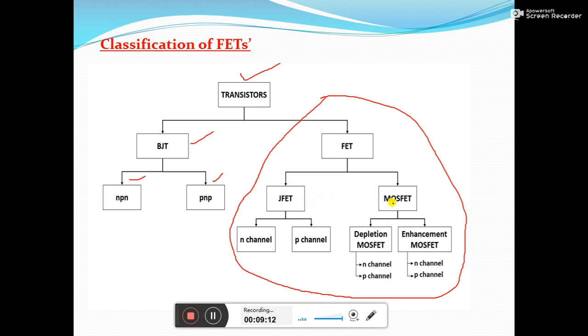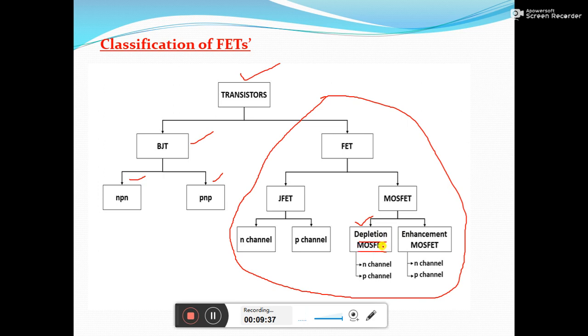Here again the MOSFETs can be operated in two regions or two modes: enhancement mode and depletion mode. So based on that, there are two types, whether they are operated in enhancement mode or depletion mode. The first type is the depletion type of MOSFET.